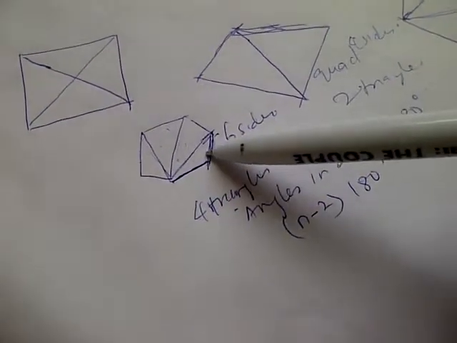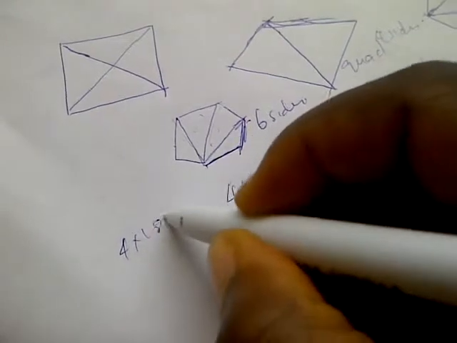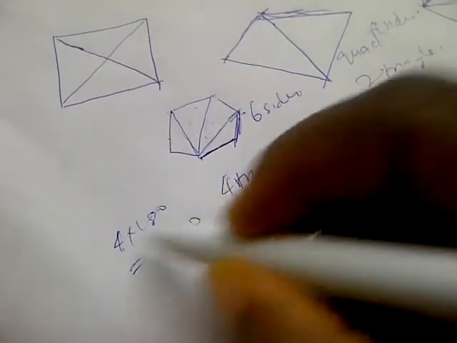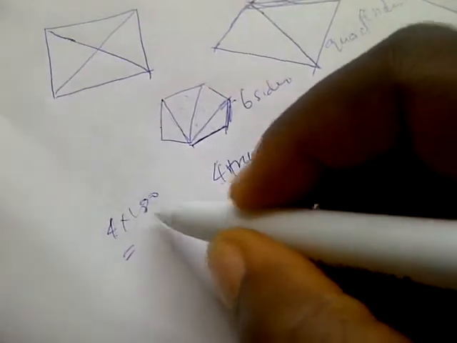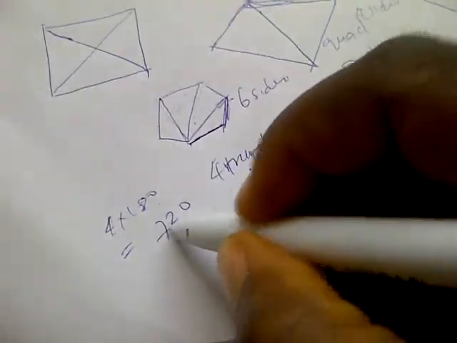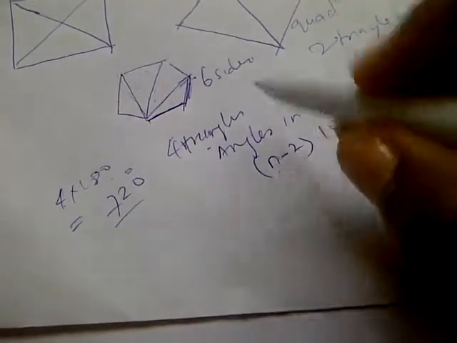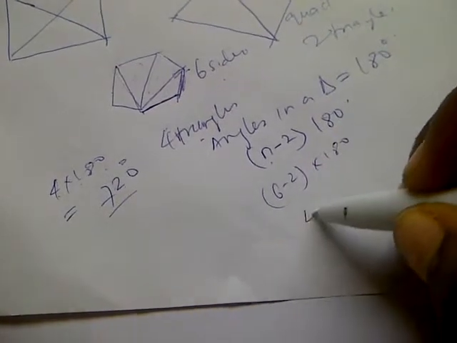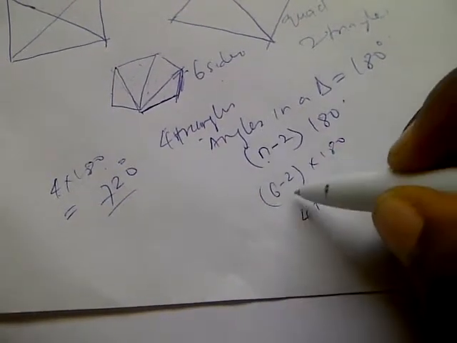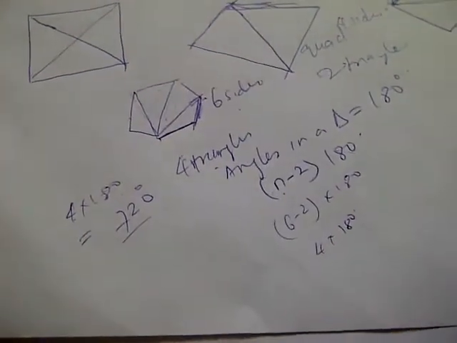For a hexagon, you can form 4 triangles, so 4 times 180 gives 720 degrees. Using the formula, n meaning number of sides, 6 minus 2 times 180, which is 4 times 180. You see how we derived this formula.